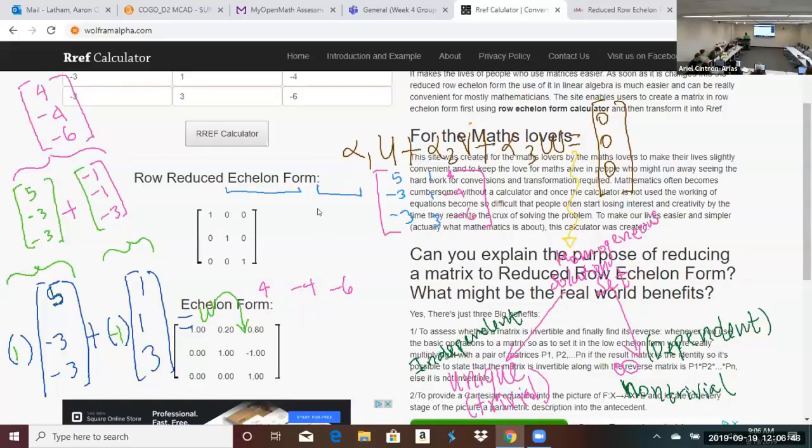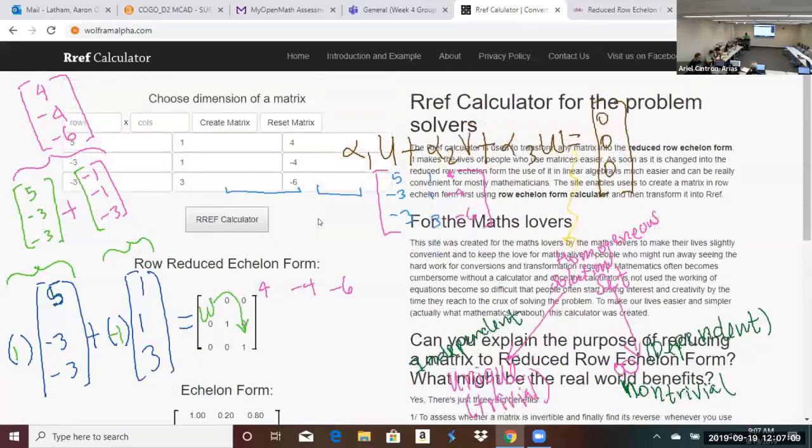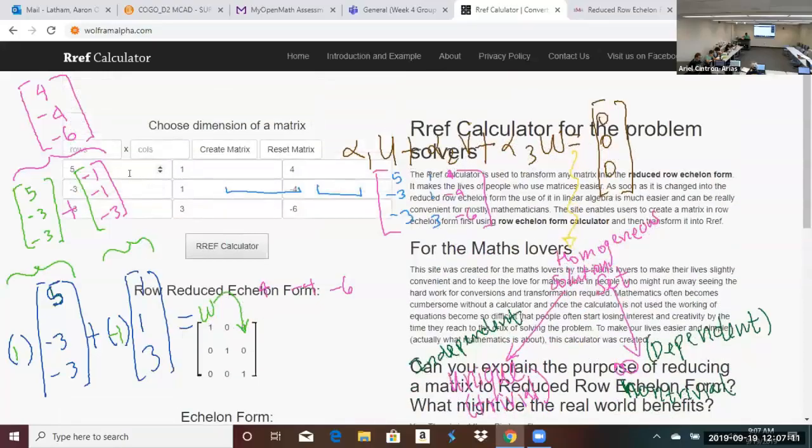Yeah. Maybe we typed something in incorrectly. Let's see. Aaron, scroll up here. There's something that's not right. Maybe my arithmetic.